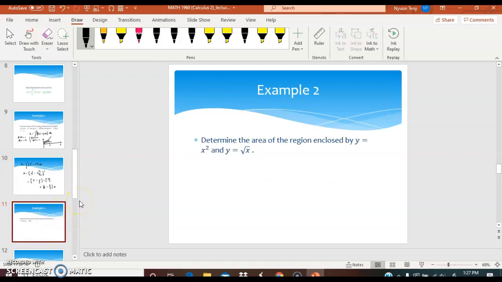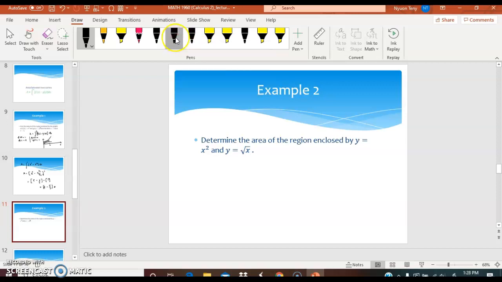Problem number 2. Determine the area of the region enclosed by y equals x squared and y equals square root of x. At this point, the only difference between this example and the first example is that we don't know the point of intersection. So the first thing we're going to do is find the point of intersection.